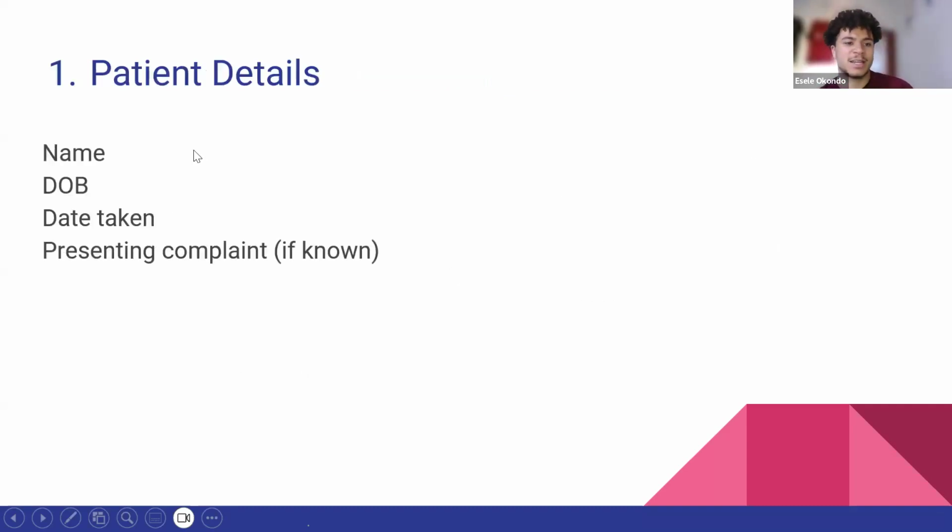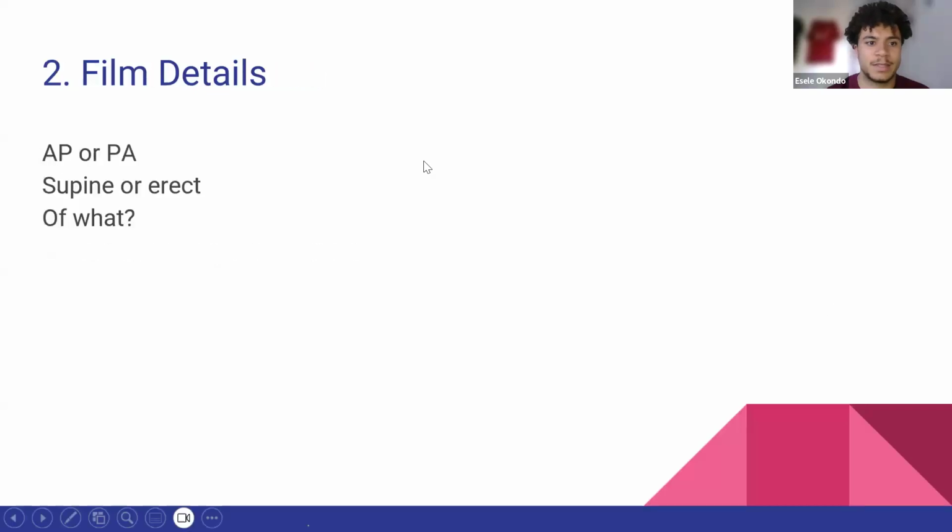But yeah, first patient details: name, date of birth, when the X-ray was taken, and the presenting complaint or the indication if you know it. Second one, the film details. Is it AP or PA? If in doubt, it's probably PA, because that's your standard.